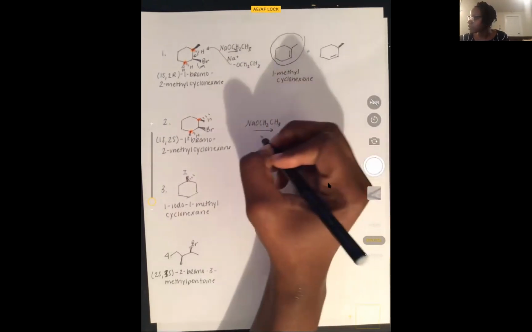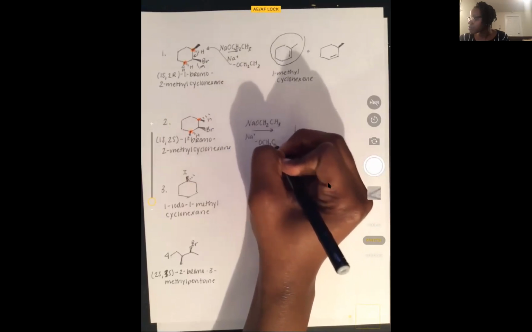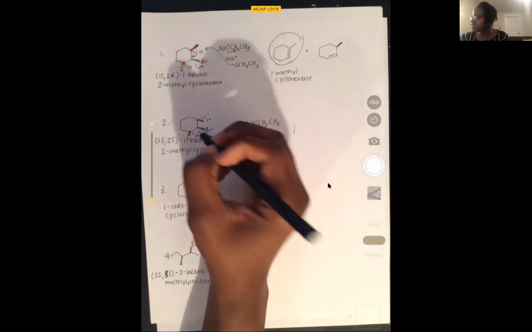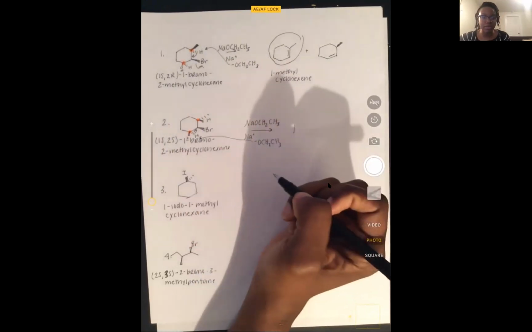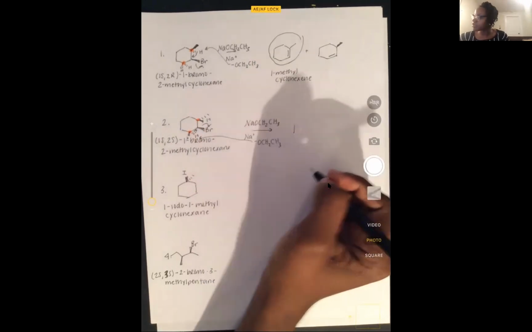So in this case, our product, I'll show the mechanism. Pull off the hydrogen, push the electron density to the double bond, lose your leaving group.